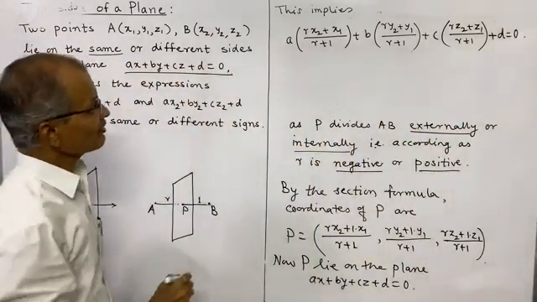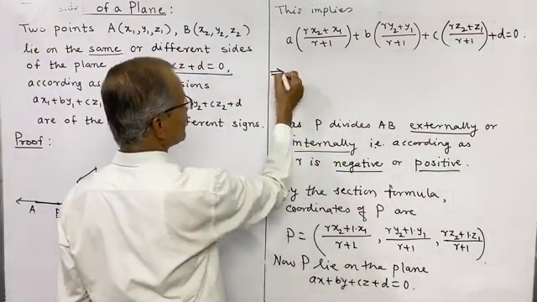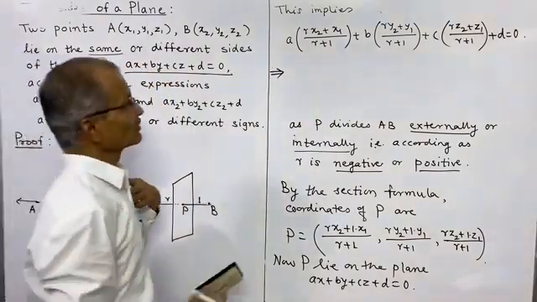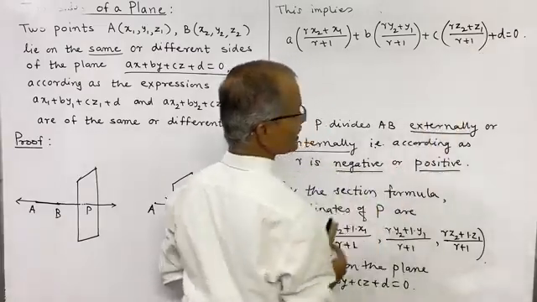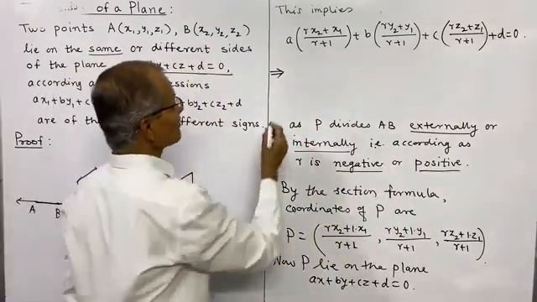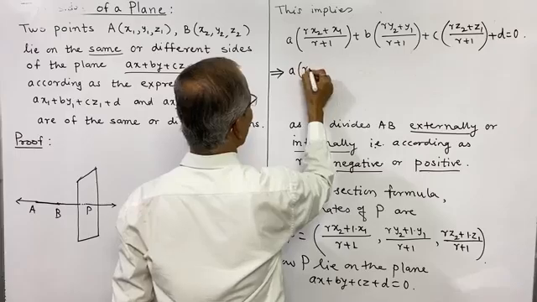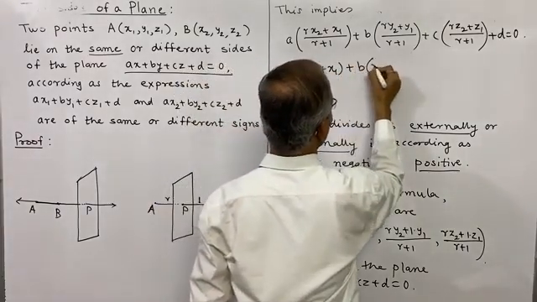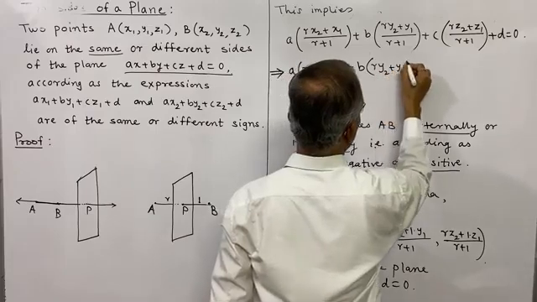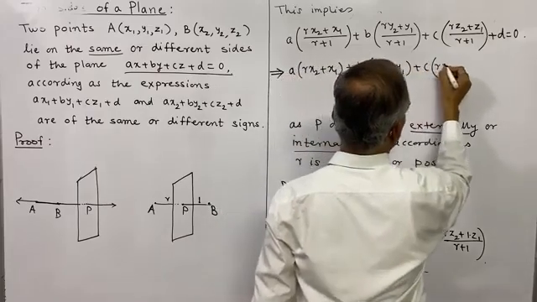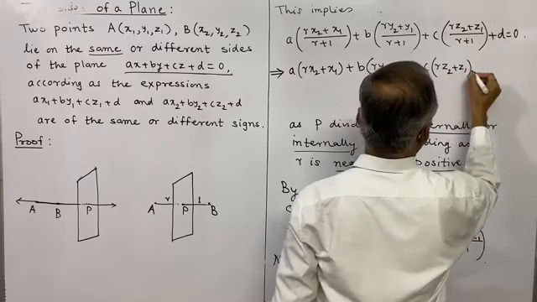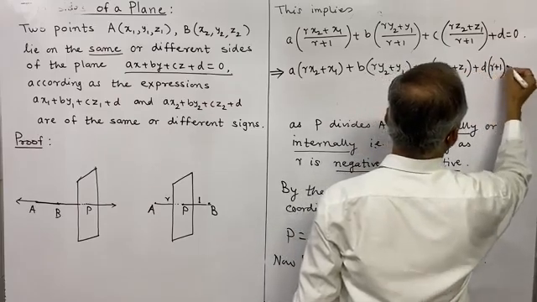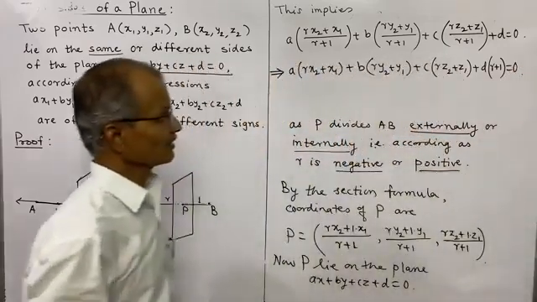Certain calculations we will do to simplify this. Multiply throughout by R plus 1. So this R plus 1 cancels and d gets multiplied by R plus 1. That implies A into (R x2 plus x1) plus etc., and d multiplied by (R plus 1) is equal to 0.